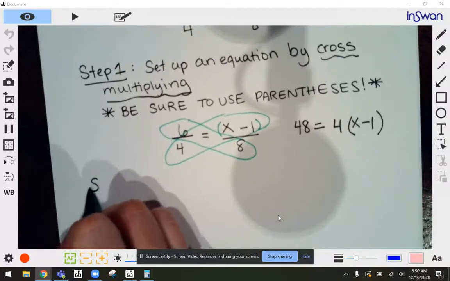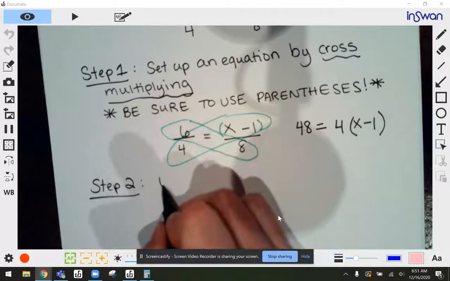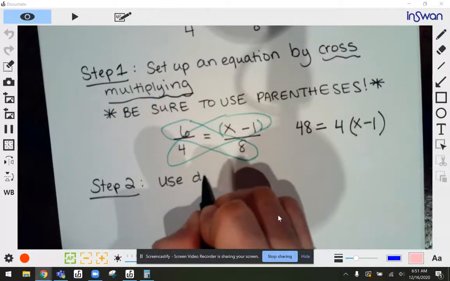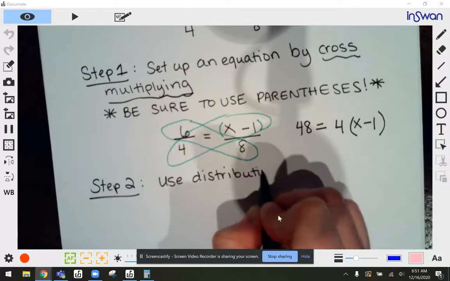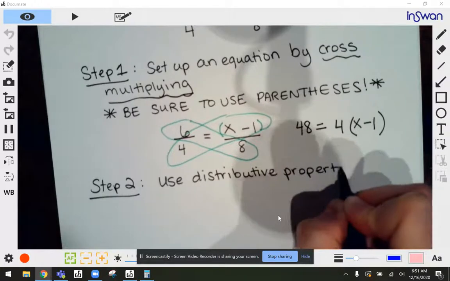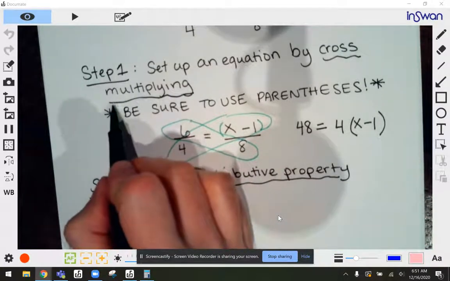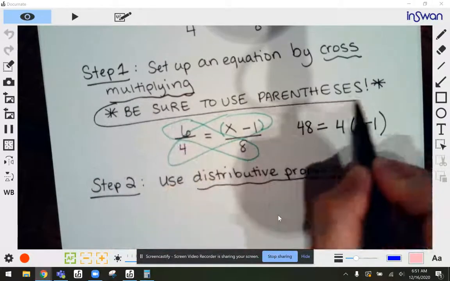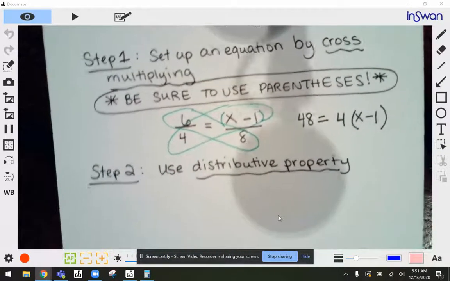Okay, so step 2 is use the distributive property. Let's circle this too. That's super important. I want to make sure you notice that one. Okay, so use distributive property.